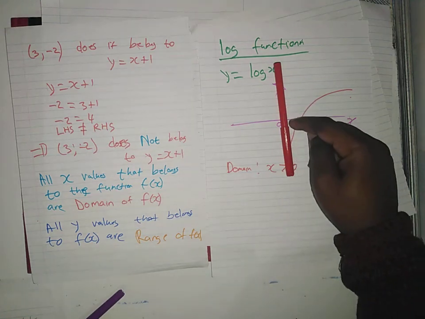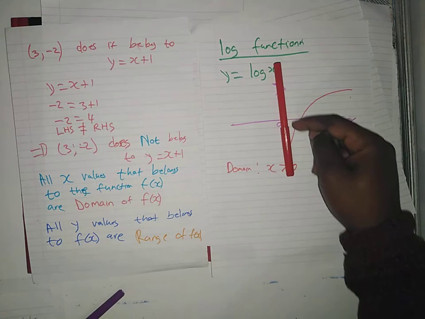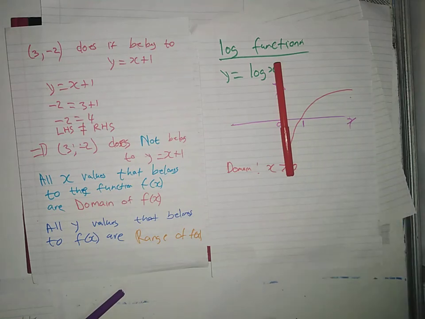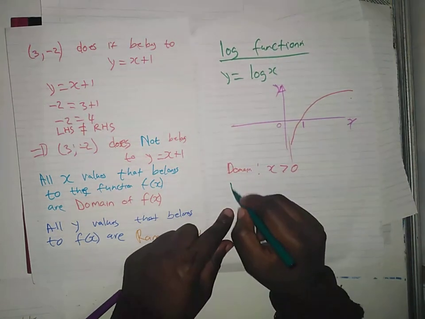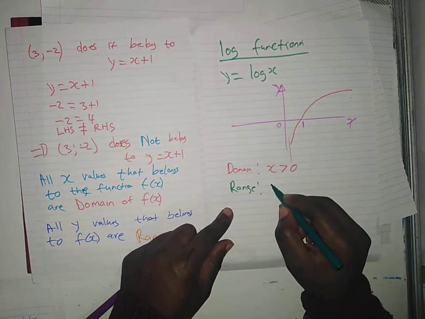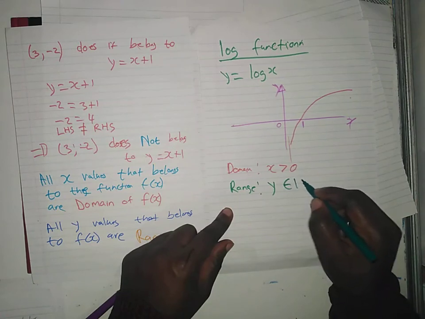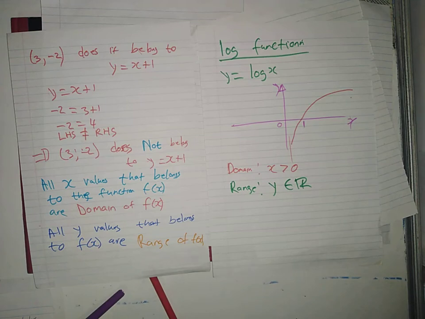So from 0 up to positive infinity, all values of y, they work. What about 0 to negative infinity? From 0 to negative infinity, this value works, this value works, all other values work as well. So what is the range of a log function? The range of a log function is nothing other than y is an element of what? Of real numbers.